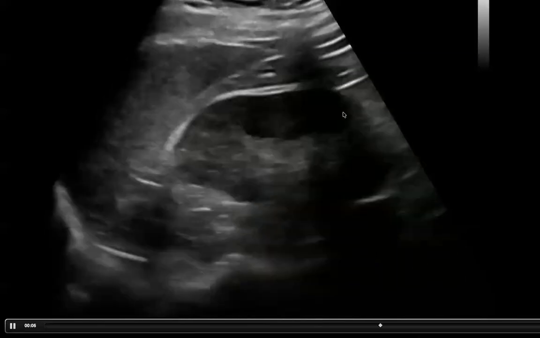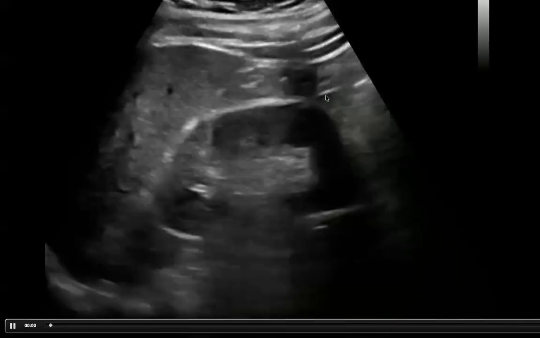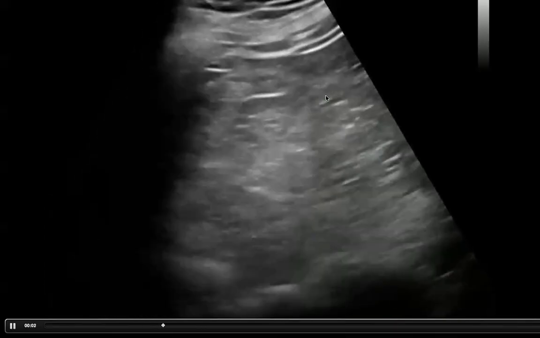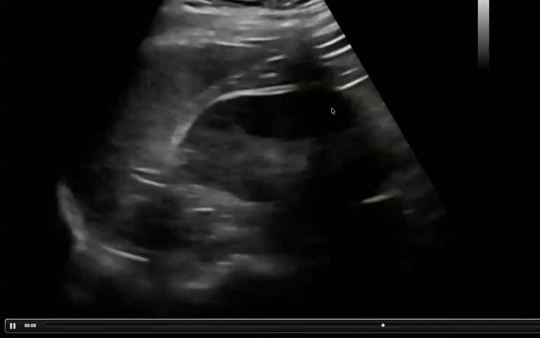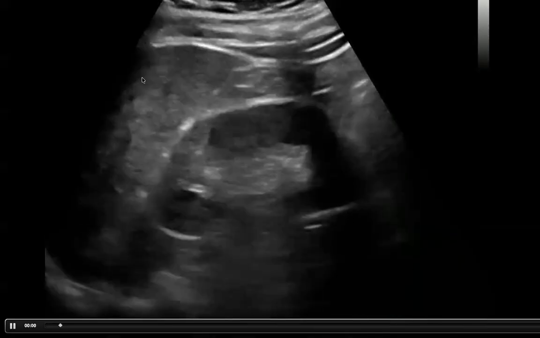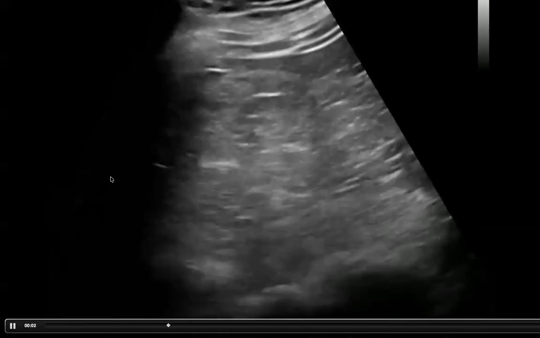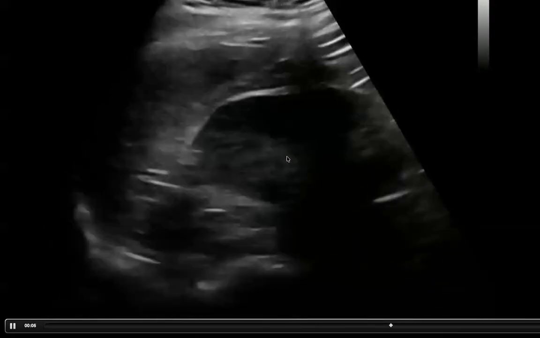These are rib shadows. And so in order to get those rib shadows out of the view, you just need to turn that probe 10 or 20 degrees down towards the bed. Okay, so you can be parallel to the ribs. But all in all, this is a very great image of these three organs, right? The lung on this side, the liver in the middle, and the kidney.